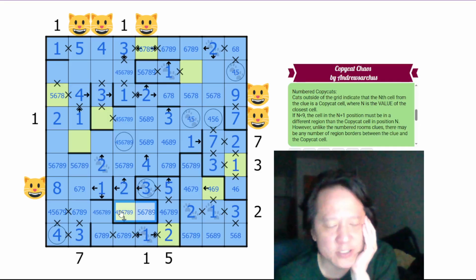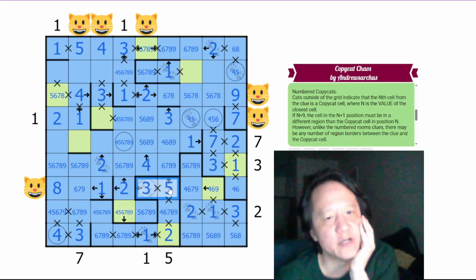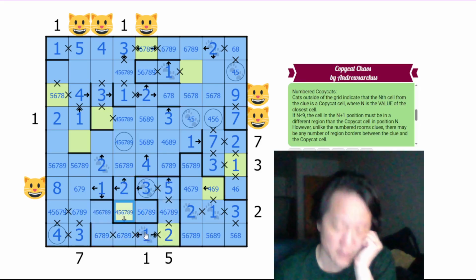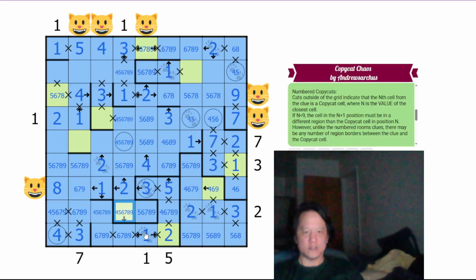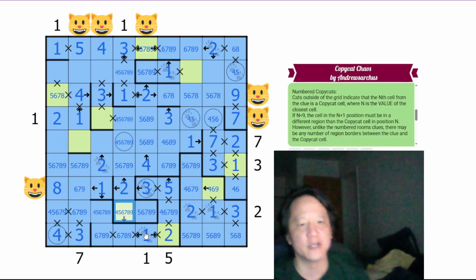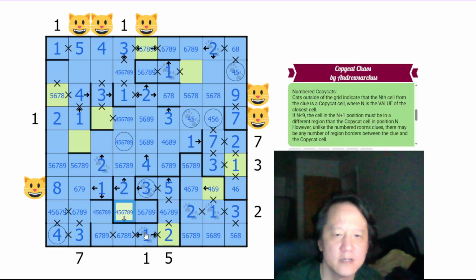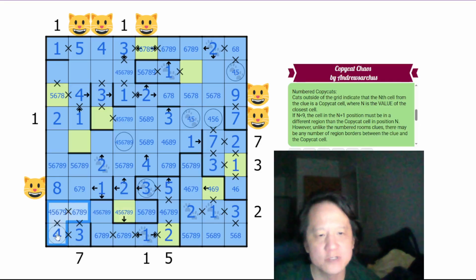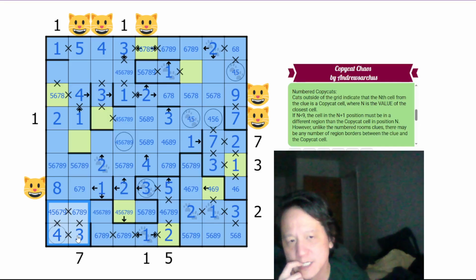Shoot, this has to extend out there. And it has to go there because this has to... Shoot, that's annoying. Four cells all in the same region.